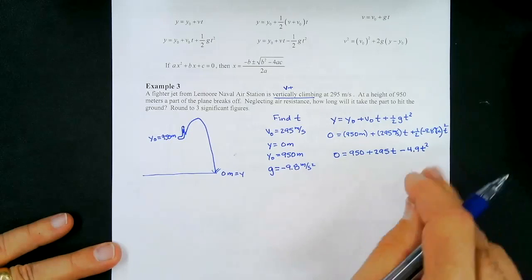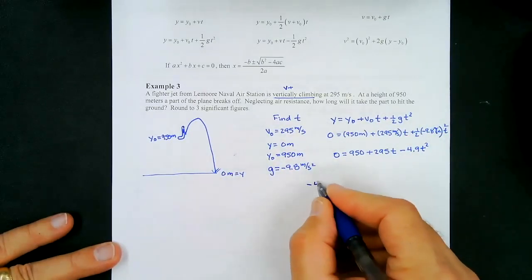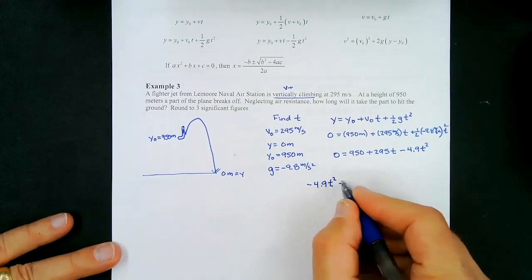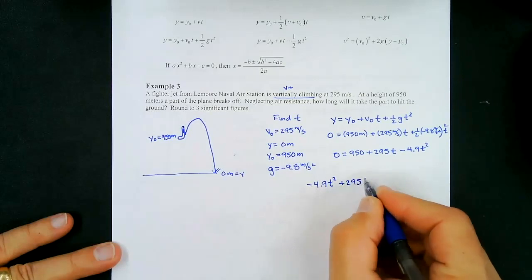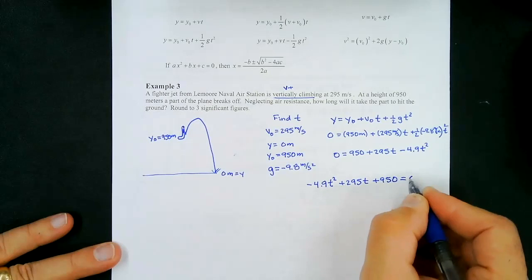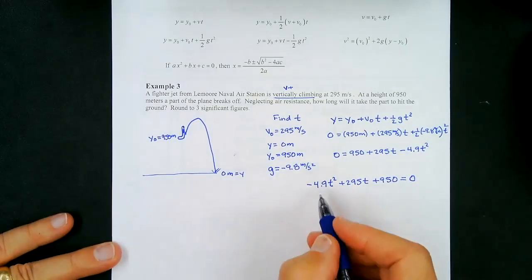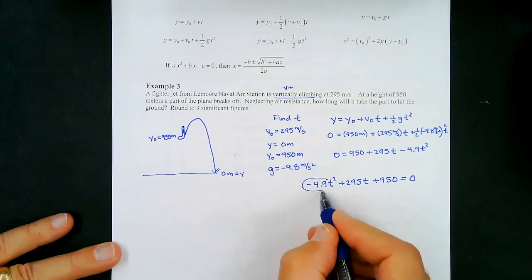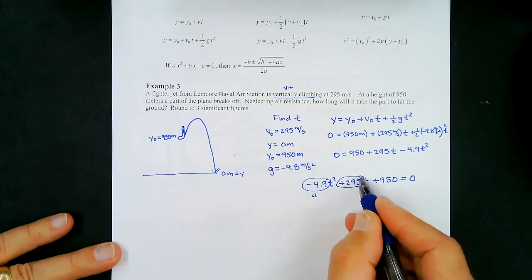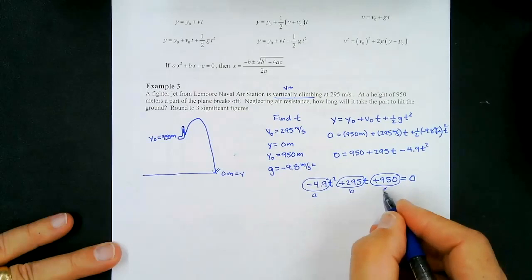So I know I moved everything over last problem, but I could also write this as negative 4.9 t squared plus 295 t plus 950 equals 0. If you like moving everything over, that's fine. You can do it that way. All right, so this is your A. This positive 295 is going to be your B, and the positive 950 is going to be your C.